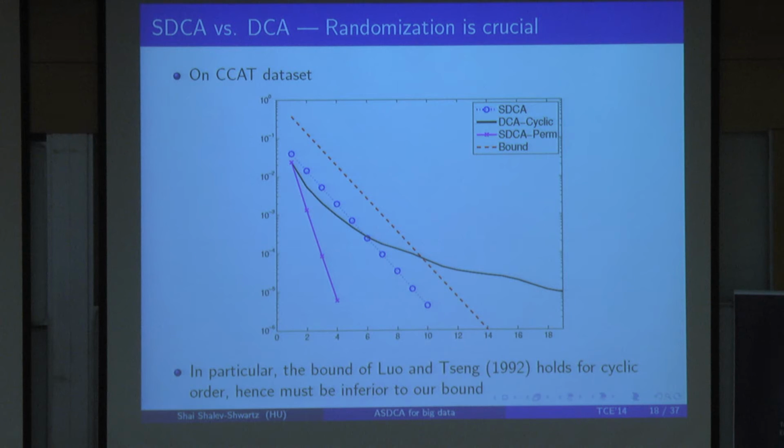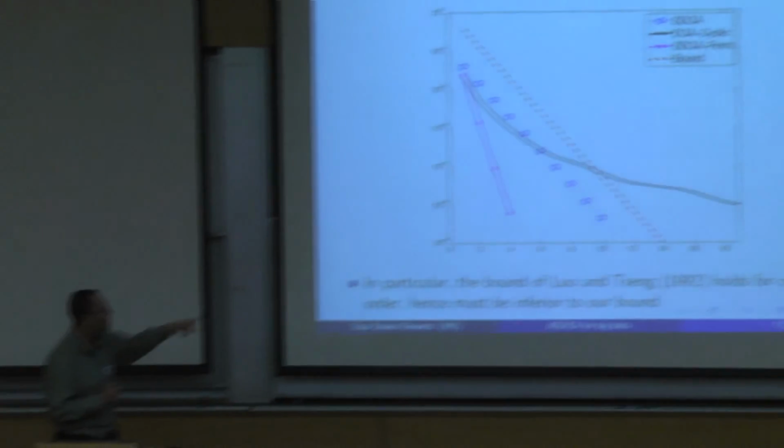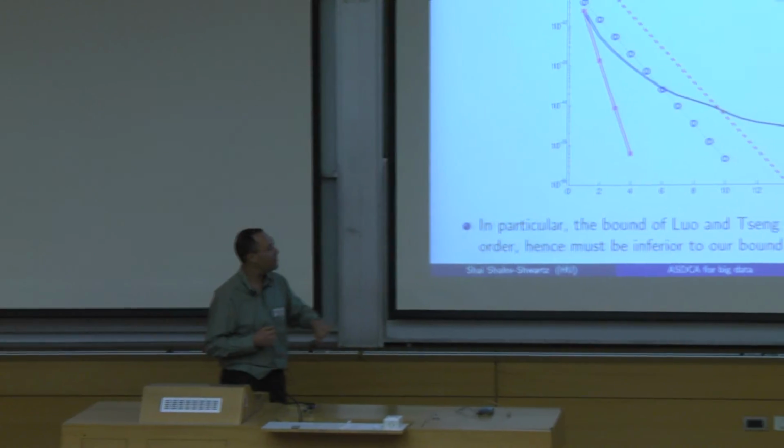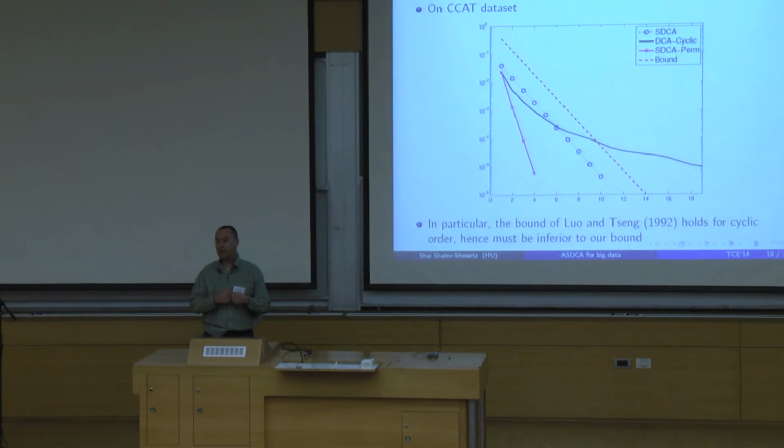Then I checked the code, and the code seemed to be correct. And I checked the analysis, it also seemed to be correct. So what was the problem? Then I found out that what I did incorrectly in the implementation is that I chose a random permutation over the examples once, and then I went through it again and again, not too many times. You see there are maybe 10 or 18 passes over the data using the same order.